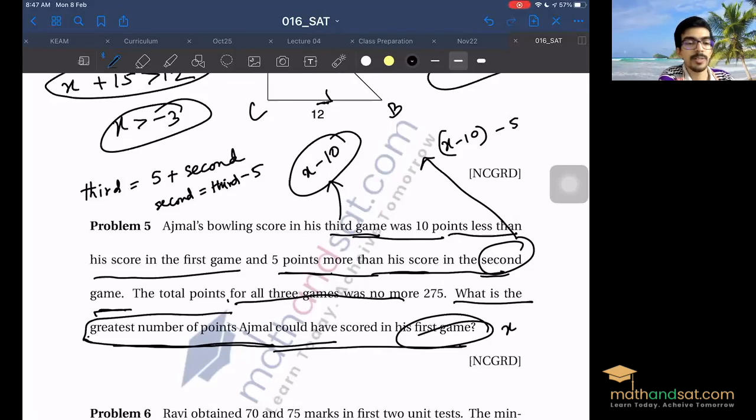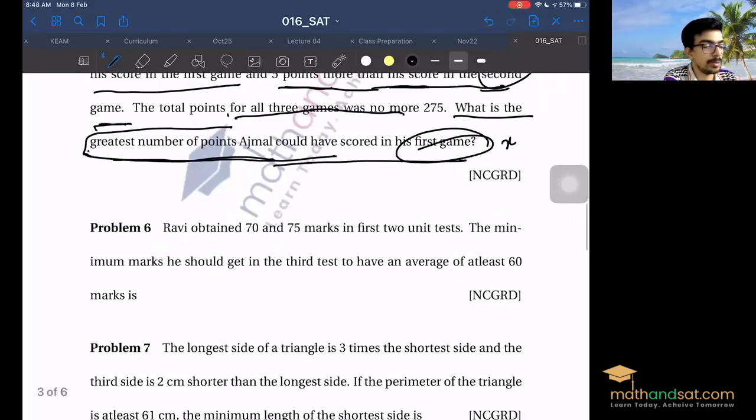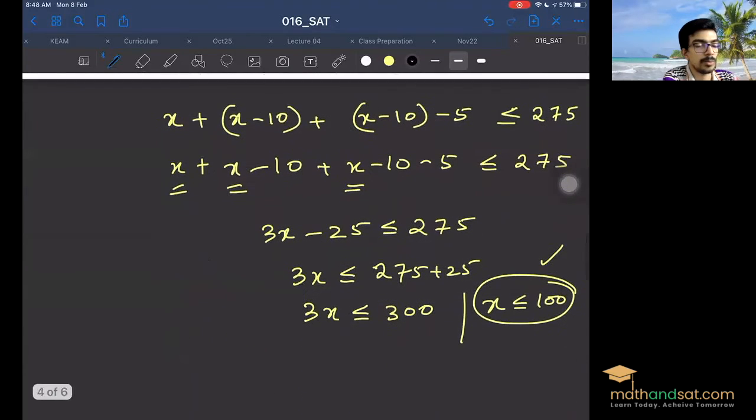The third game was x minus 10, and the second game was third game minus 5. Is this clear? Please have a look and let me know.